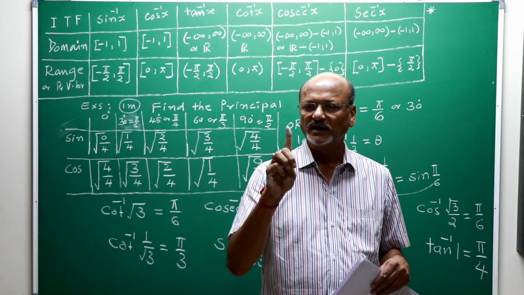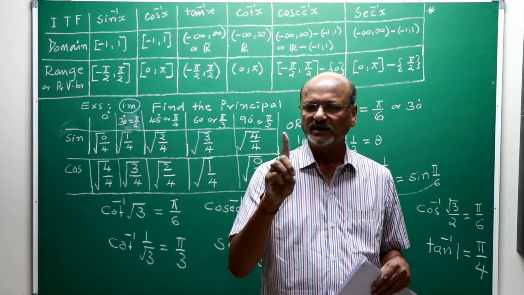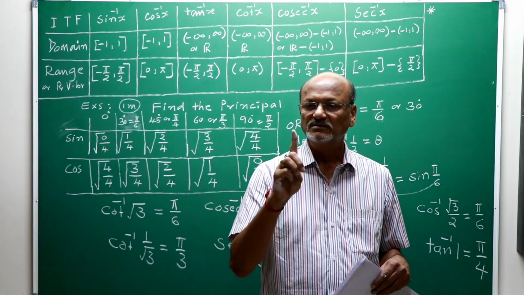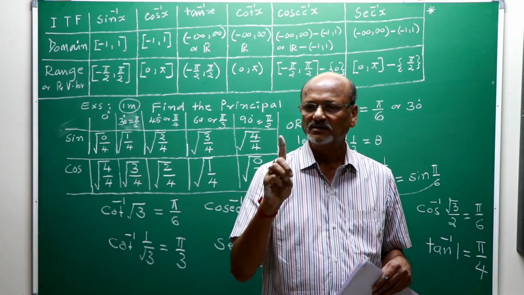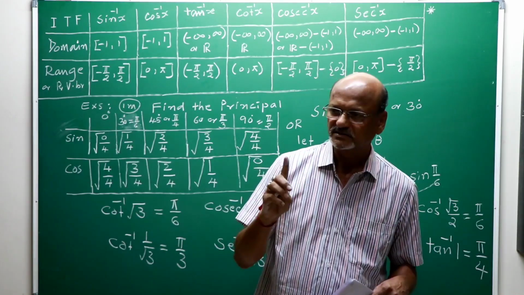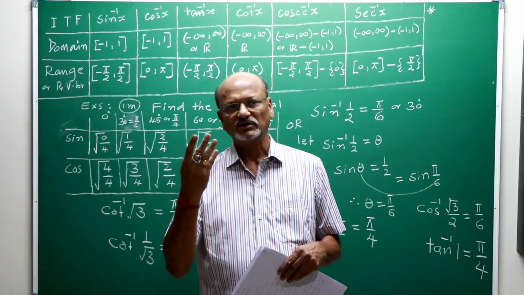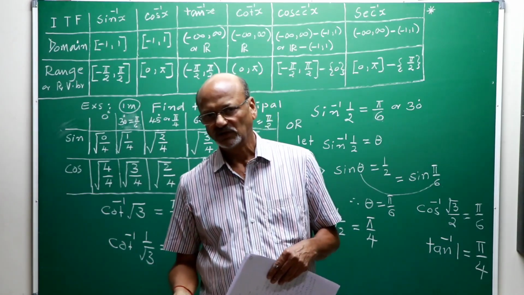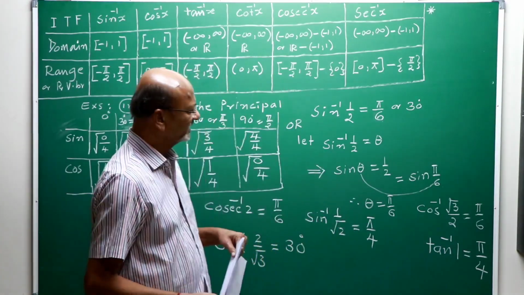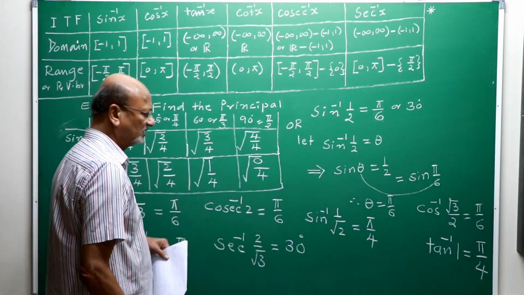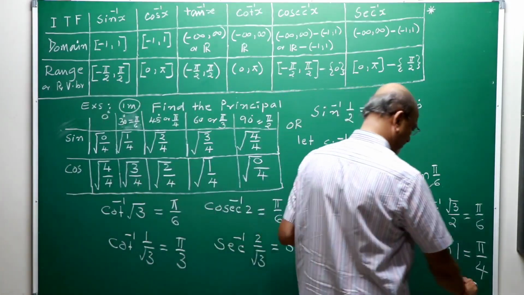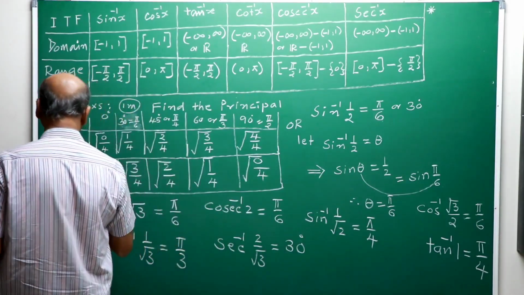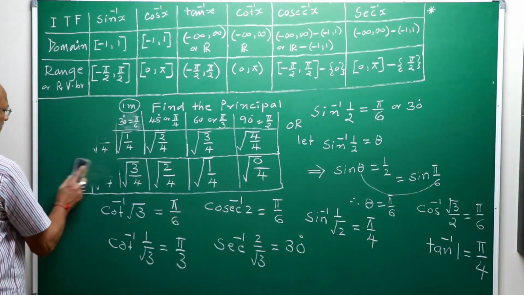One type, examples under 1 mark. Second type, examples under 2 marks. Then third, examples under 3 marks. They give 1 mark 1, I think 2 mark 2 and 3 mark 2. Alright, friends, this is one. Now I will do the properties of inverse trigonometric functions.